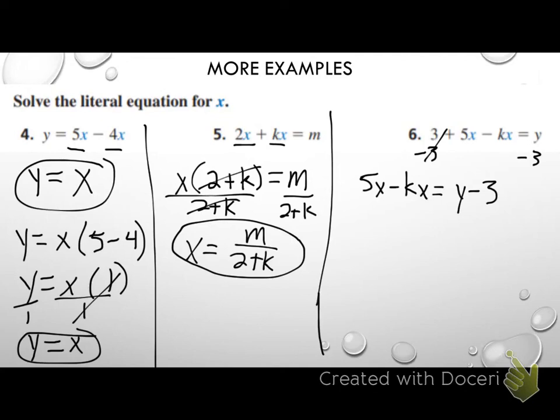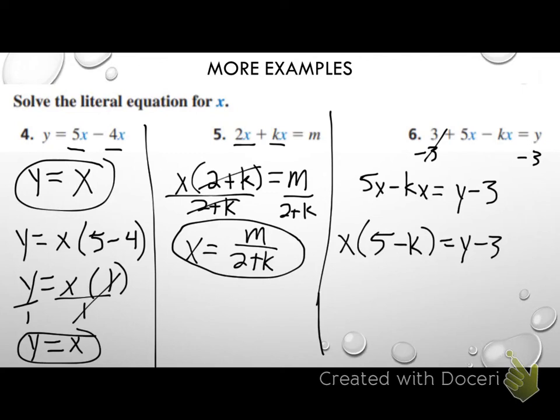Now what do I need to do? Now I can do my GCF on the left. What's my GCF? X. X times what would give me 5x? 5. X times what would give me negative kx? Negative k. Any confusion up to this point?